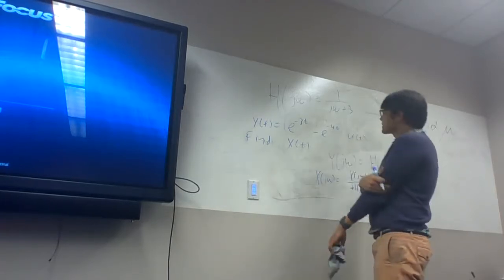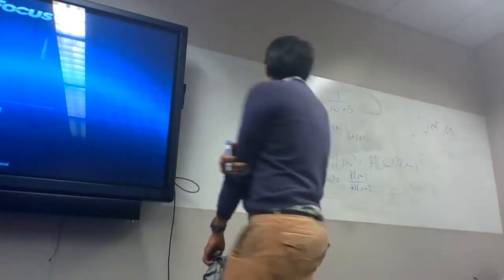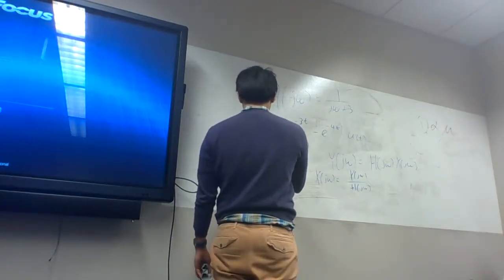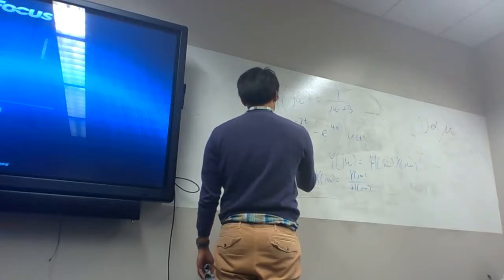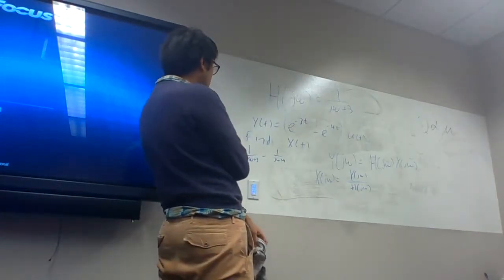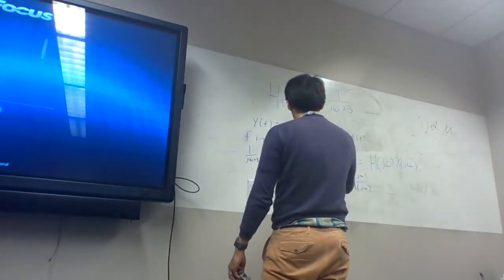So what is y of j omega in this particular case? Yes? It's 1 over j omega plus 3 minus 1 over j omega plus 4. Yeah, exactly.